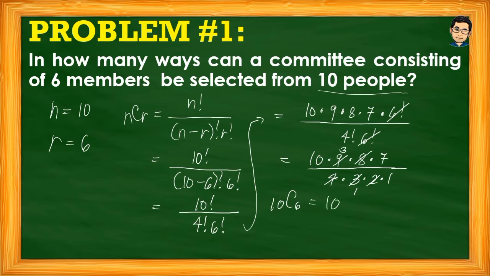So, 10 times 3 times 7. So, 10 times 3 is 30, times 7, 210. Ibig sabihin, there are 210 ways that 6 members can be selected from 10 people to form a committee.